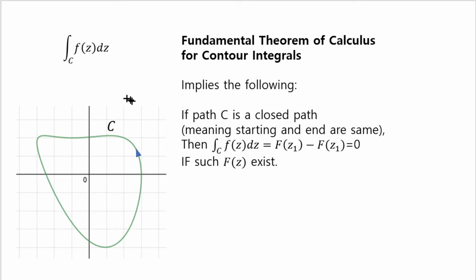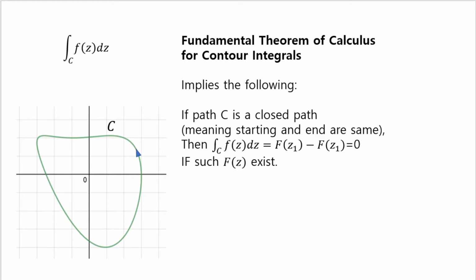So that means that any integral over a closed path will give you 0, provided that such a function F of z exists. And that's where some surprises come in. Things that look kind of innocent actually happen to be not 0 even on a closed path. And that's actually very important.